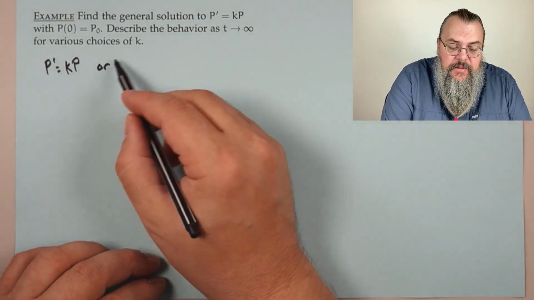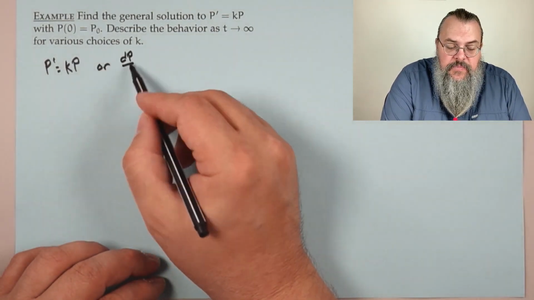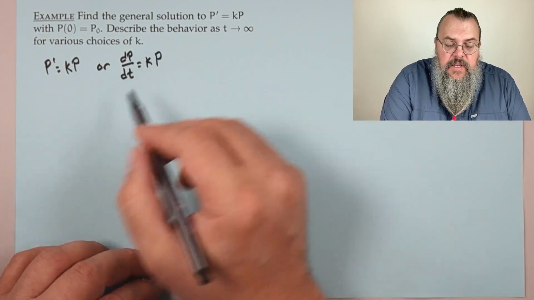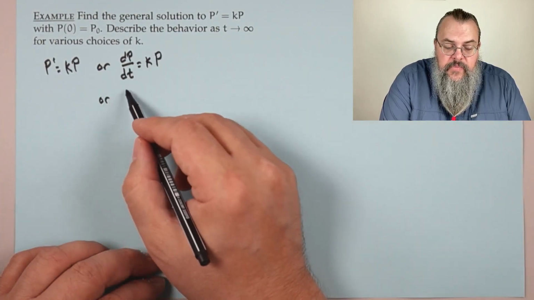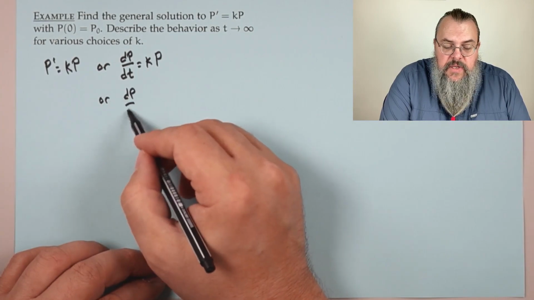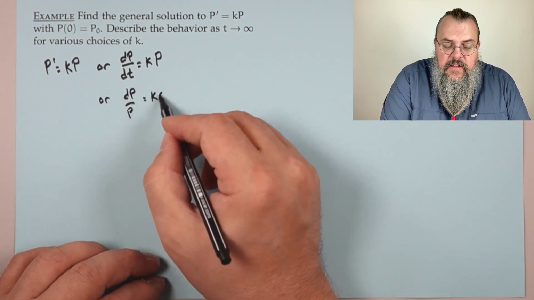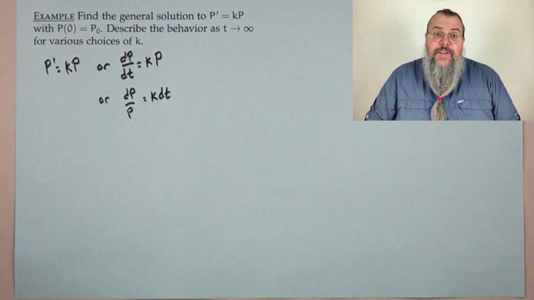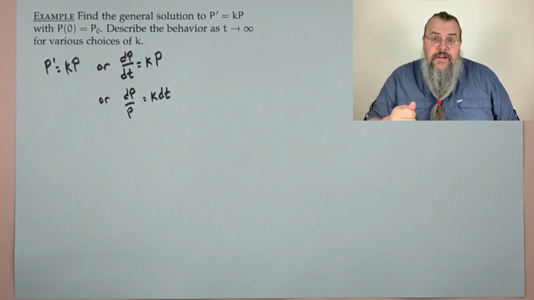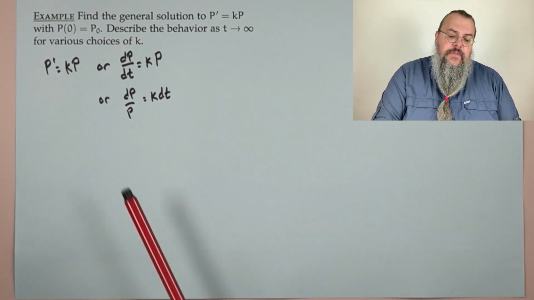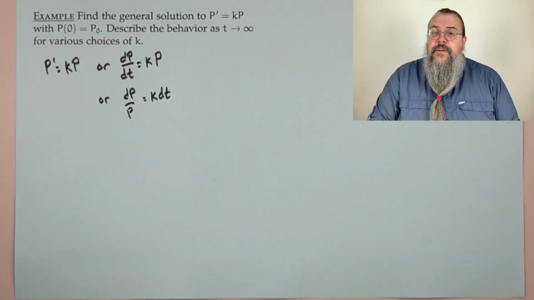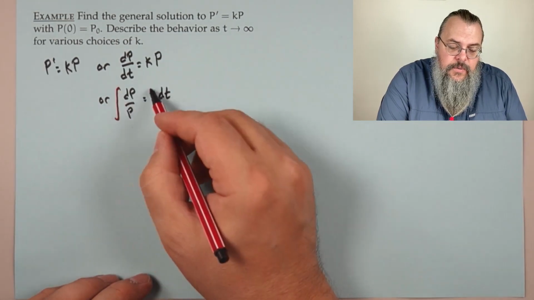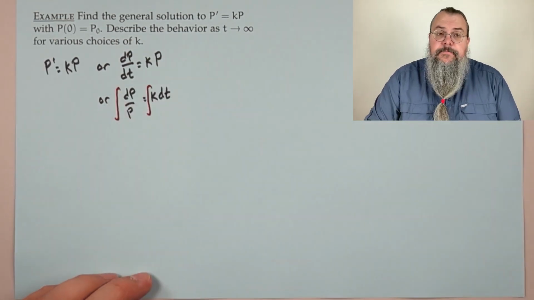We can also write this as dp over dt is k times p, or dp over p is k dt. Now at this stage we've separated: all the variables of one type on one side, all the variables of the other type on the other side. So we now integrate.